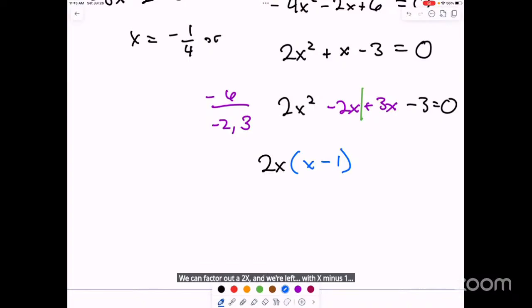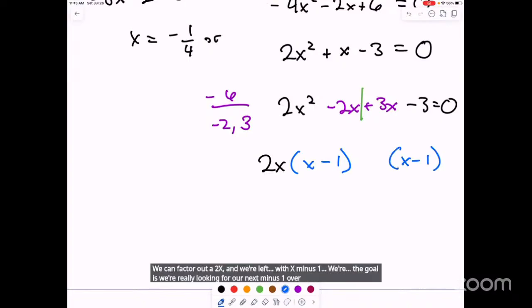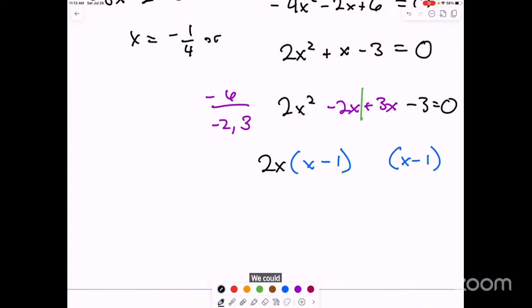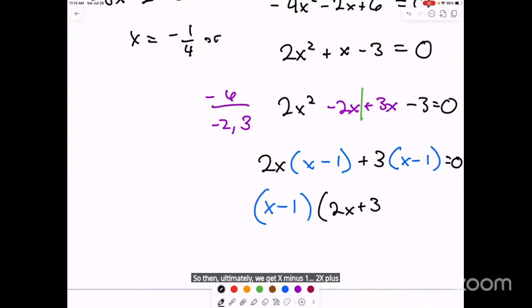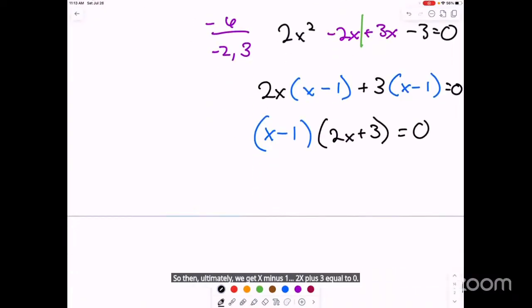The goal is we're really looking for an x minus 1 over here. We can factor out a 3. That leaves us with x minus 1 equals 0. So then ultimately we get x minus 1 times 2x plus 3 equal to 0. So then from there, our critical numbers that we get are negative 3/2 and 1.